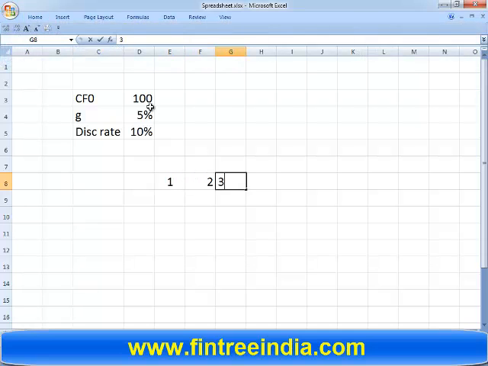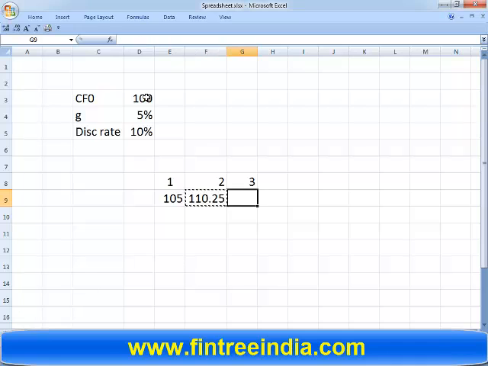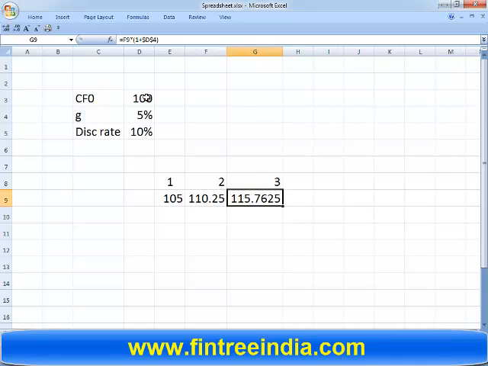Cash flow 1 is going to be 100 into 1 plus 5%, 105. Next cash flow would be 105 plus 5%, and then the next cash flow is again 115.726, and then again it would keep on growing every year at the rate of 5%.